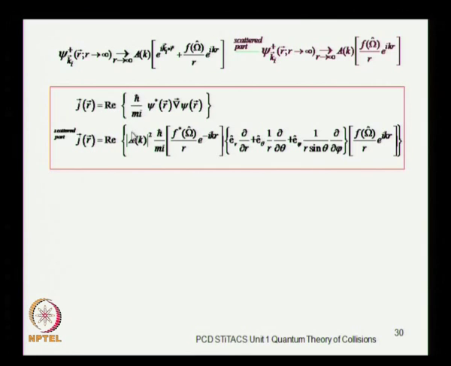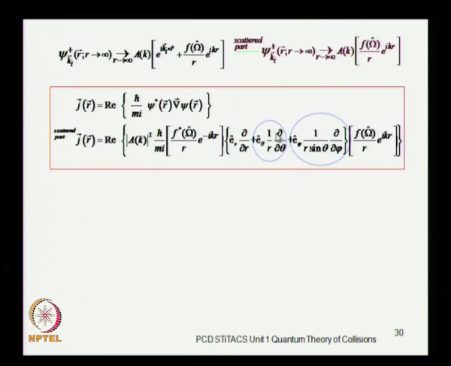You have h cross over m i coming from here, and then you have the complex conjugate of this part, f star over r e to the minus i k r, and then you have the gradient of the function itself, which is f over r e to the i k r. Its scaling through the normalization constant A has already been taken into account over here. Okay. So, this is your scattered part current density vector.